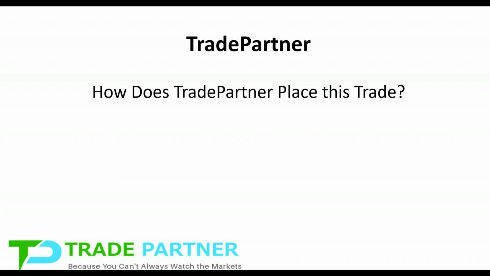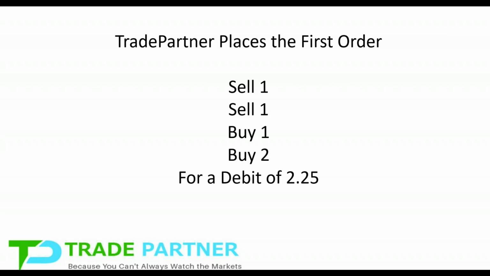So how does TradePartner place this trade, if no exchange will allow a 5-legged trade? Well, this is how. First of all, TradePartner places the first order. It's a sell one, buy two. Forget the strikes, forget the expirations; that's not important. There's a sell one, that's leg one.